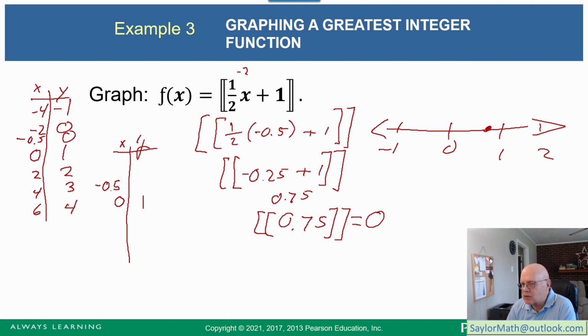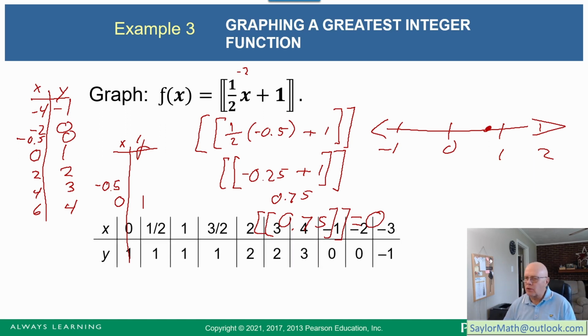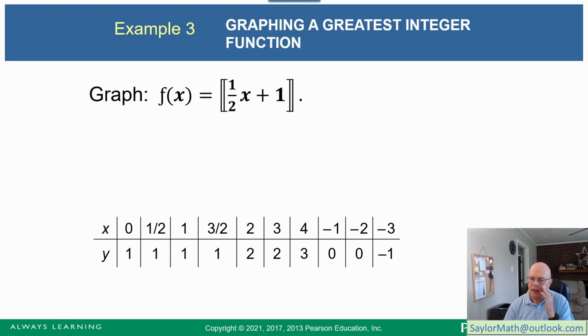Get a bunch of those until you get a feel for what it looks like. I'm going to get rid of some of those marks so you can see this a little bit easier. Erase the ink. Okay. So here's some ideas. Use x's. 0 is an easy one, and you want some in between.